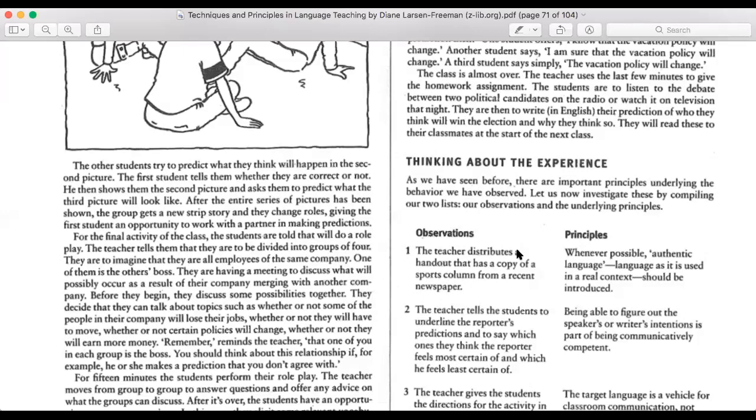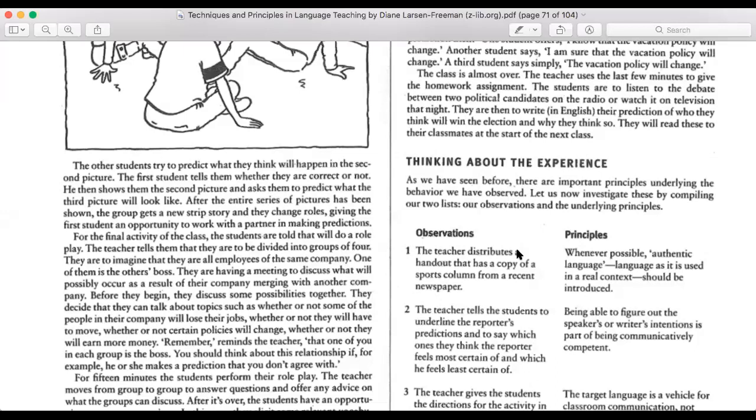What they're supposed to do, they're not just going to listen to them, but as evidence that they have done this assignment, they are going to write their prediction of who's going to win the elections.